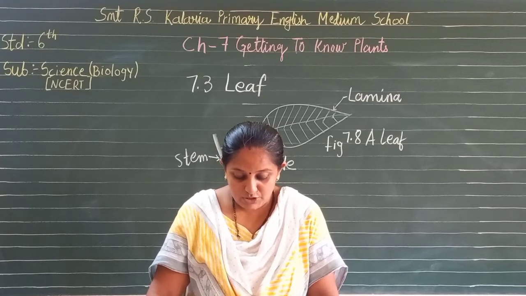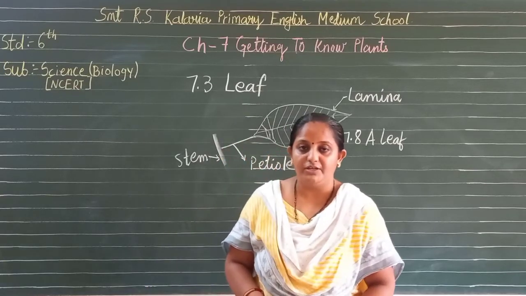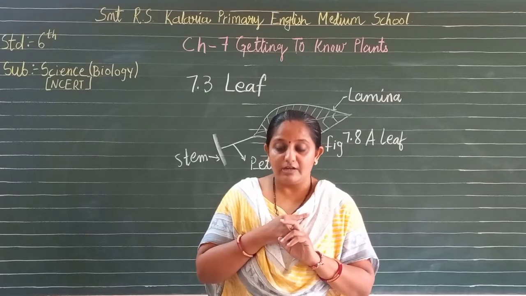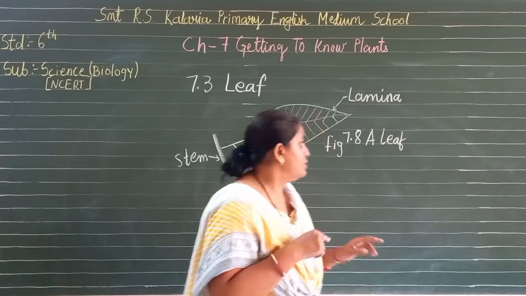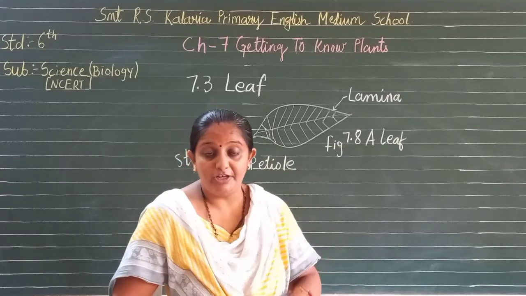So leaves also have other functions to perform. We understand the basic function of the leaf, that the leaf performs transpiration. We have also understood the structure of a leaf and the venation.